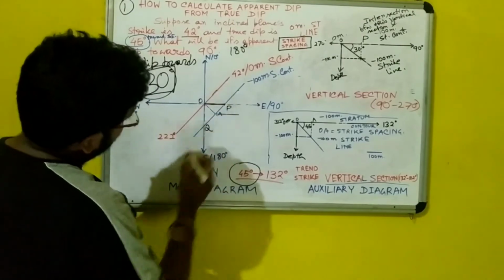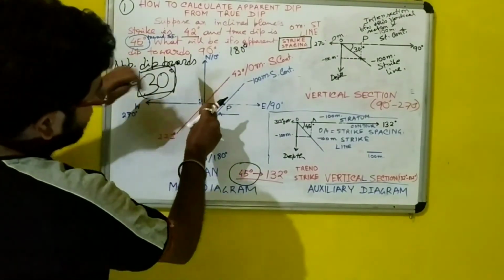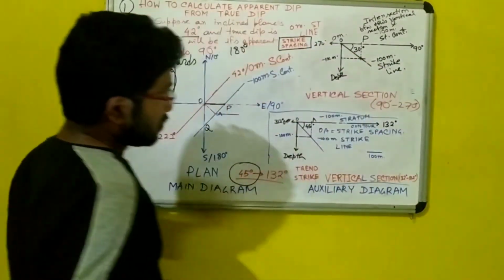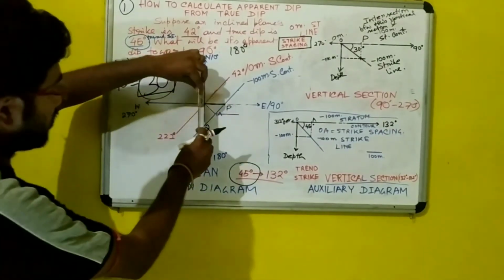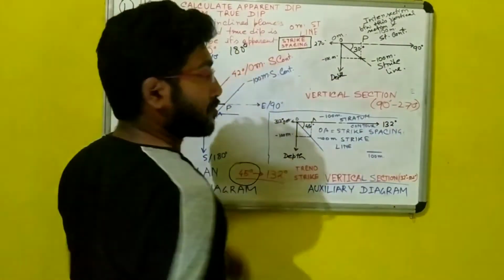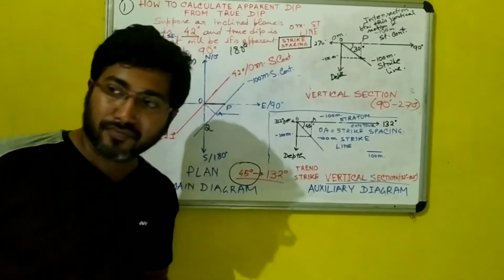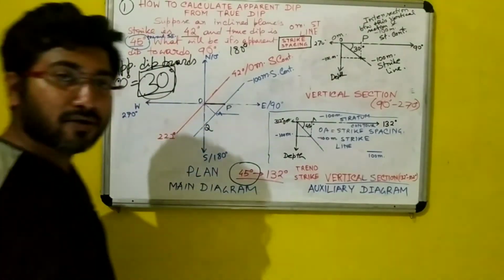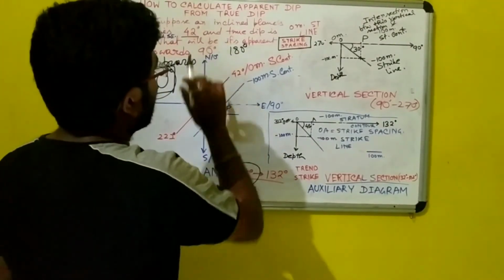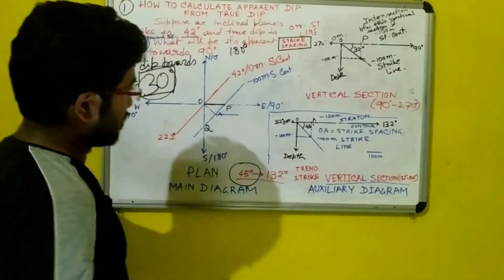Suppose this is OQ, you have to construct this vertical plane on the plane of paper. So that is all. This is how we measure apparent dip where true dip is given.